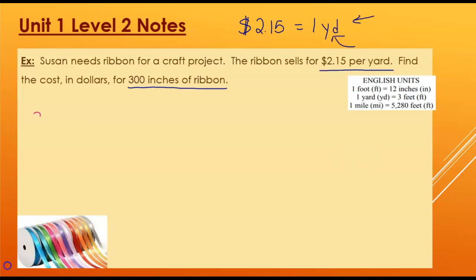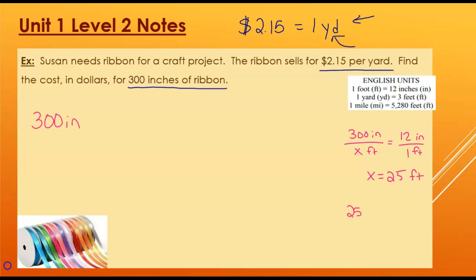Well, let's take what we know, 300 inches, and we know we need to change that into yards so that we can then figure out how much money it is going to cost us for how many yards we have. And in the past, we did like 300 inches is how many feet, and we knew there was 12 inches in 1 foot. And if we cross multiplied that, we would get 25. Well, that would be the answer in feet.